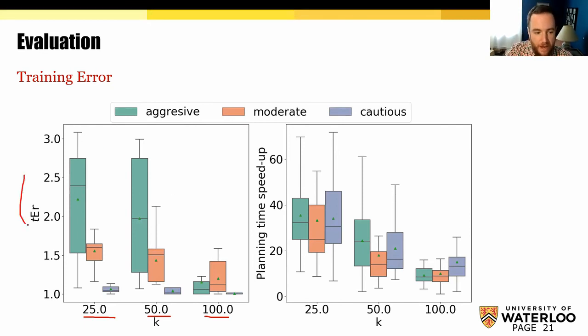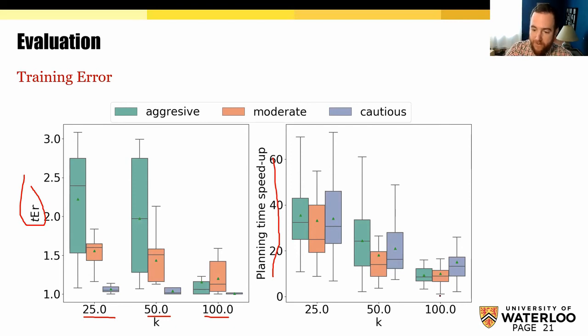We compare this t-error to planning time speed up. So this is the amount that the planning time is reduced by selecting a set of k elements instead of using the set of all possible connections during an online search.